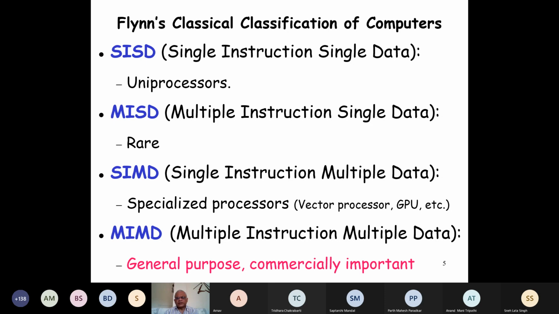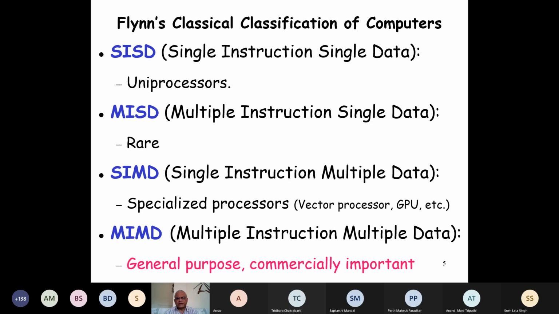This is called Flynn's classification, a very old, maybe 60 years old classification, but people are so used to it that we will spend a minute to look at how Flynn classified computers 60, 70 years back. He said that computers can be either single instruction, single data. So they just take one instruction at a time and process one data at a time.